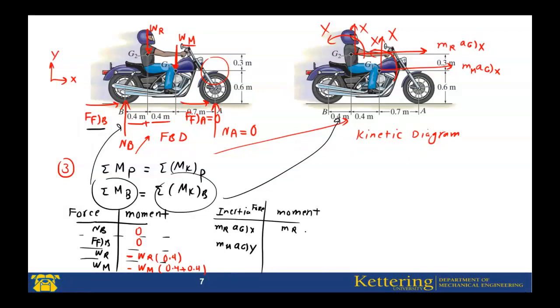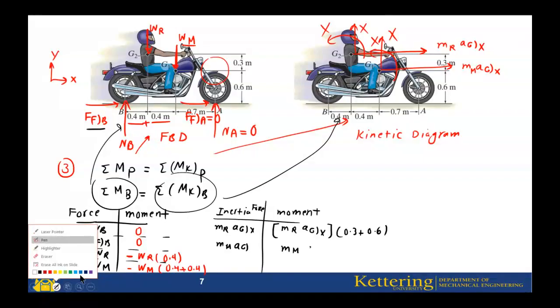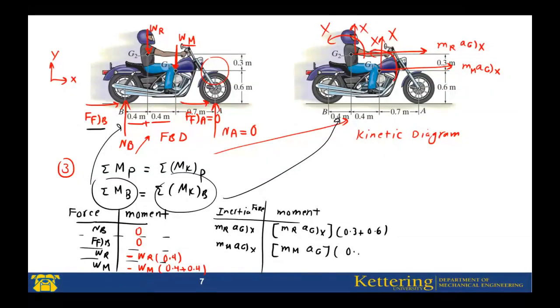It will be M of rider AGX multiplied by the distance of 0.3 plus 0.6. Also for this one, M of the motorcycle AGX multiplied by 0.6.